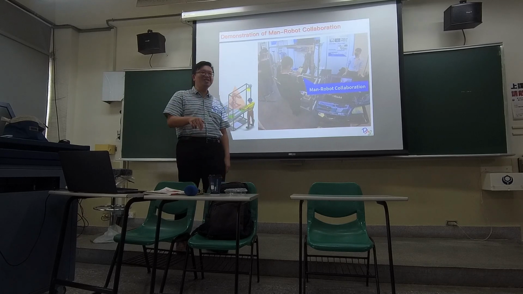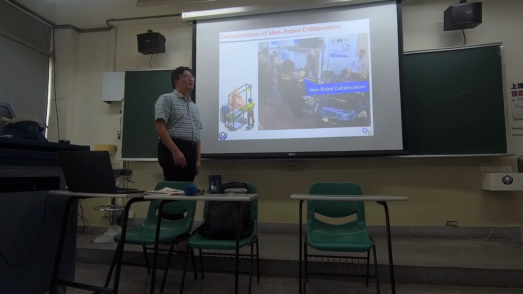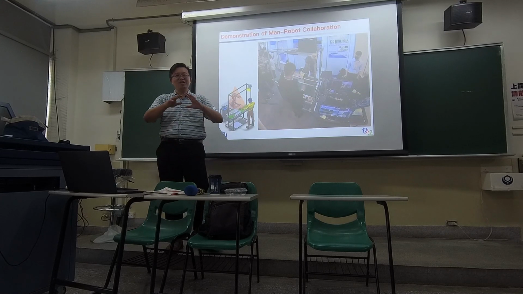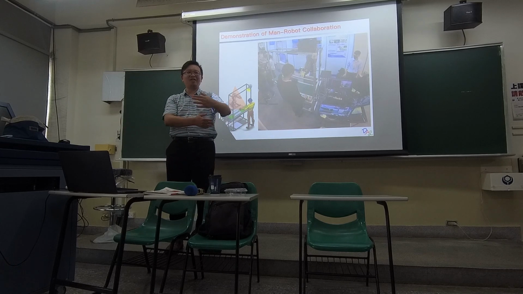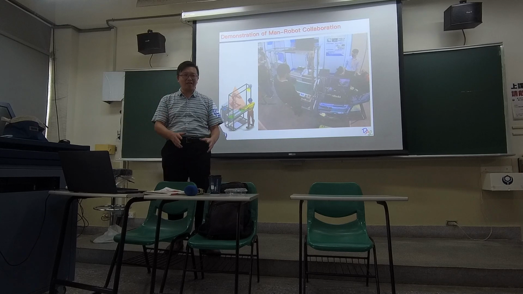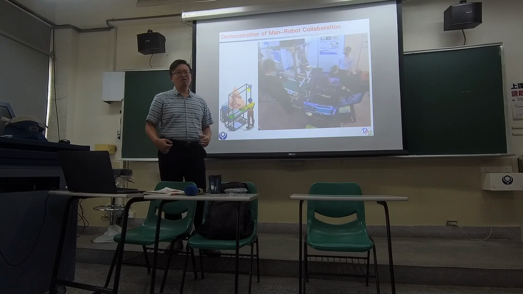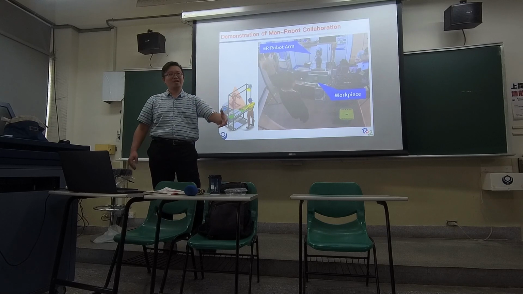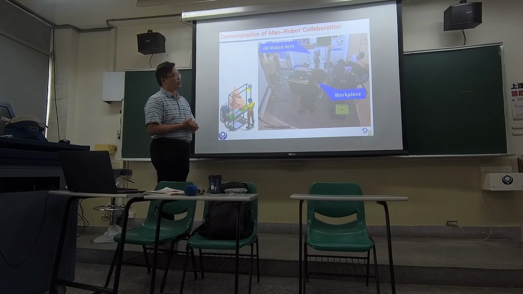We push the button so the robot knows when to come. But eventually, we don't want the buttons. We want this to be done with some kind of agreement. Whenever the human completes a task, the computer should know the robot will jump in and do the next move. But right now it's very challenging.